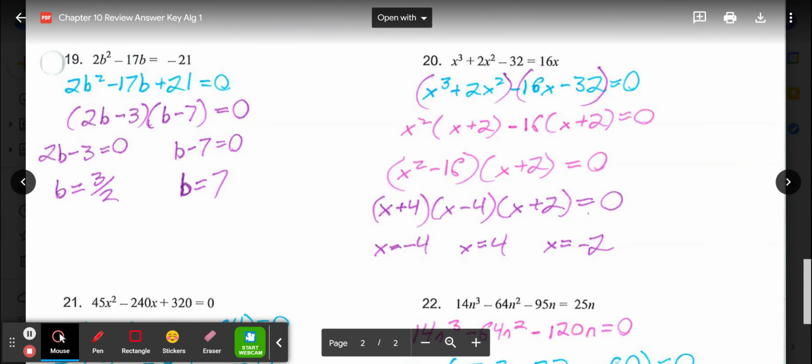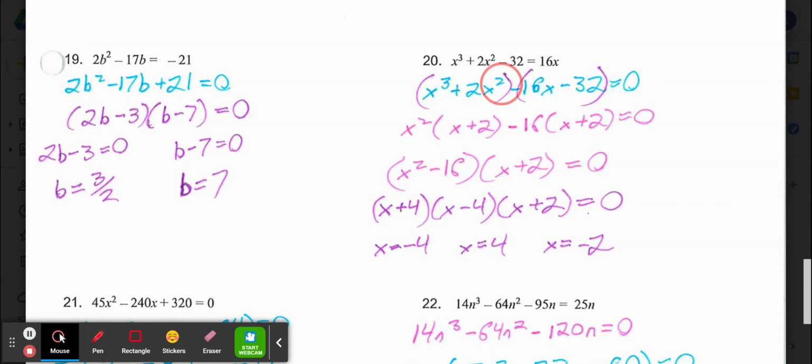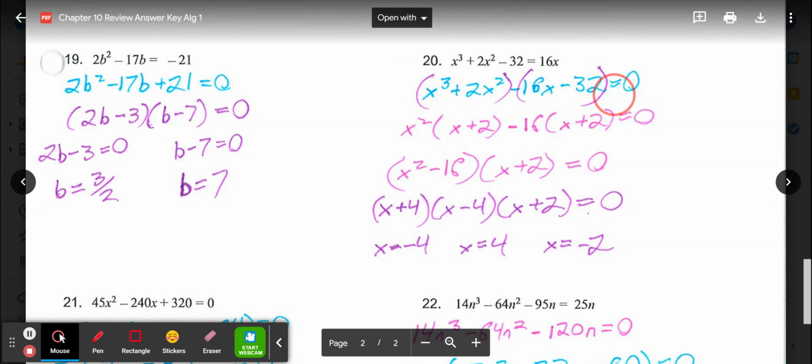Now with 20, x to the third plus 2x squared minus 32 equals 16x. I want to subtract 16x from each side so it equals 0. So I'm going to write that in standard form as x to the third plus 2x squared minus 16x minus 32 equals 0. Then I want to factor each part after I group them.